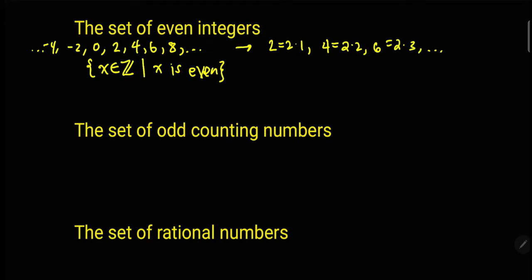So that means every even integer can be expressed as 2 times an integer, or let's use n instead, where n is an integer.